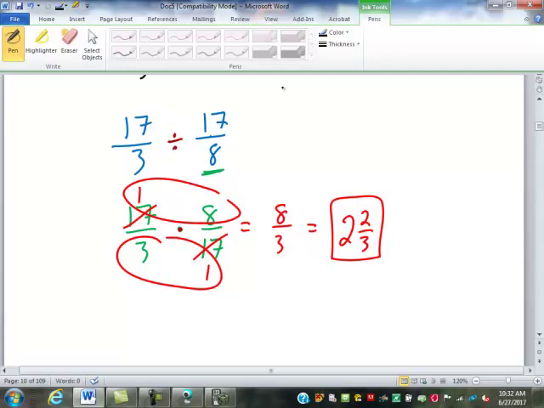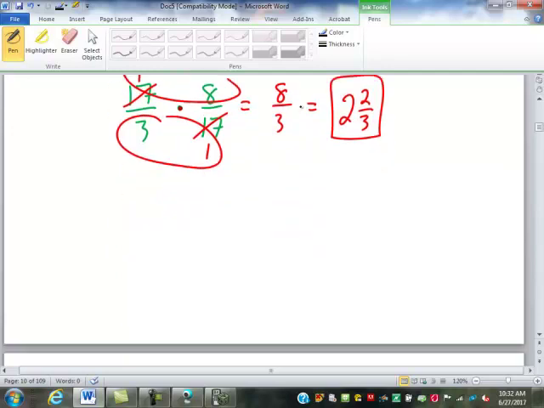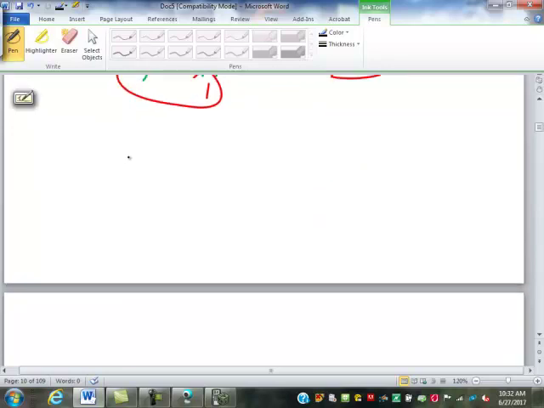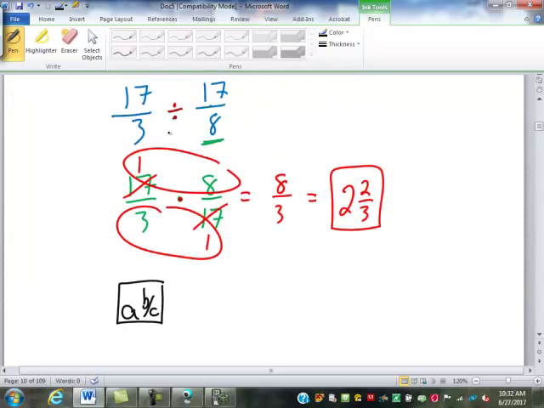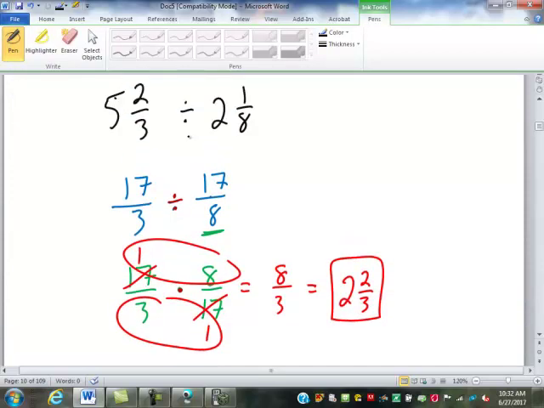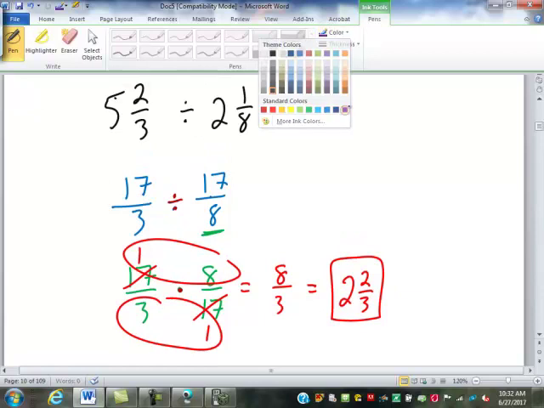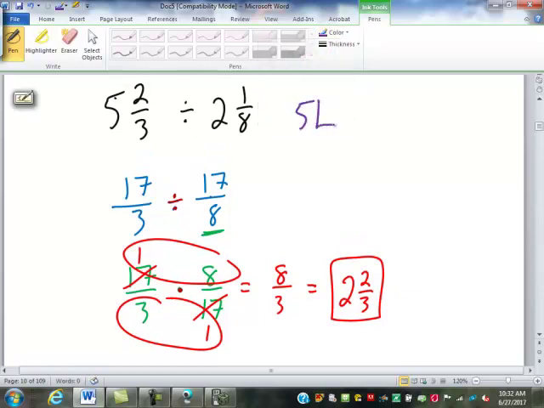Now, before I cut off this recording and start a new one for the second half of class, I do want to show you. Remember that fateful ABC key on your calculator. If I wanted to enter this original problem into my calculator, it would be 5 ABC 2 ABC 3.